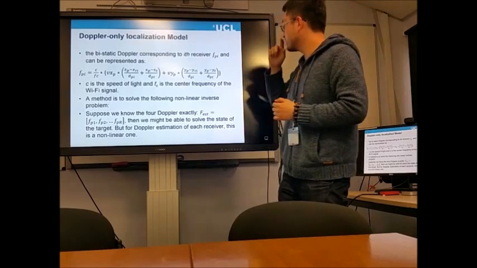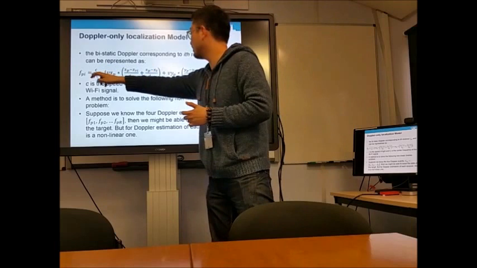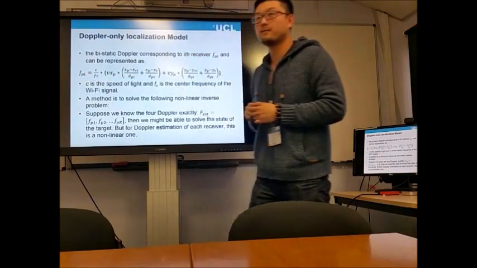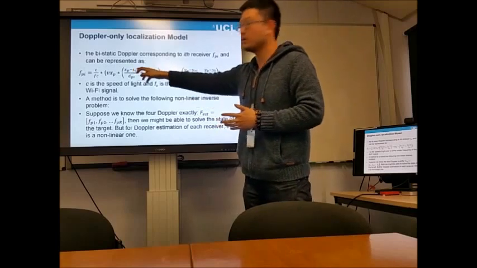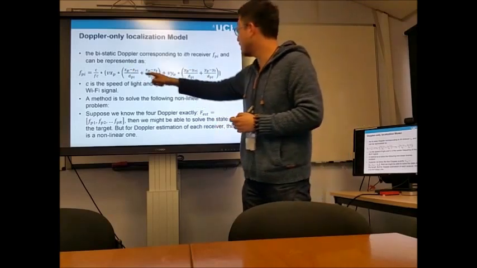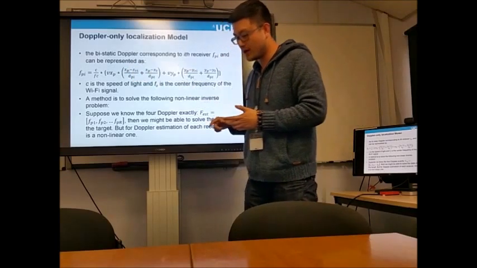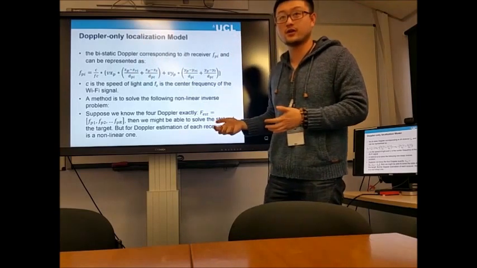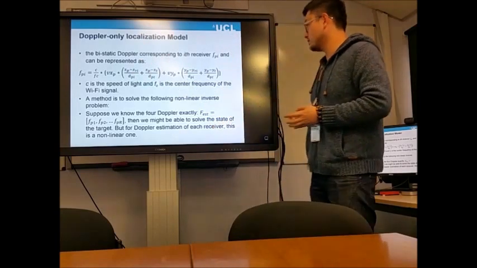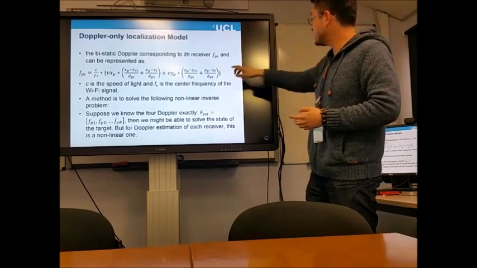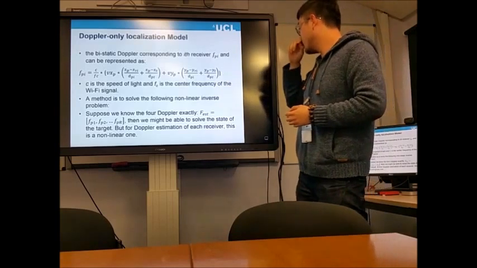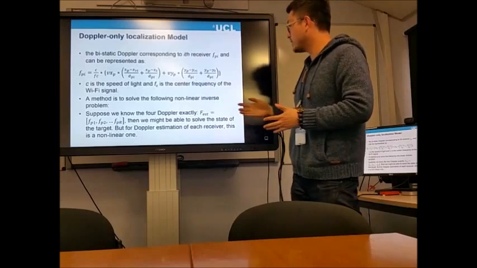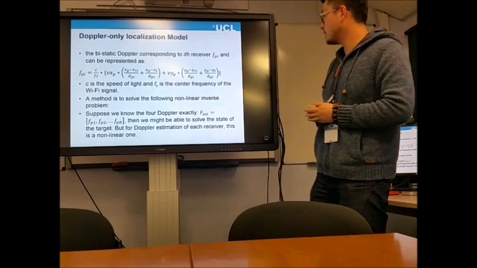Suppose we have 4 Doppler values, fp1 to fp4, and we need to estimate 4 variables: x, y, vx, and vy of that target. So how do we solve this problem? We can see that this equation is nonlinear, so our aim is to solve the following nonlinear inverse problem.